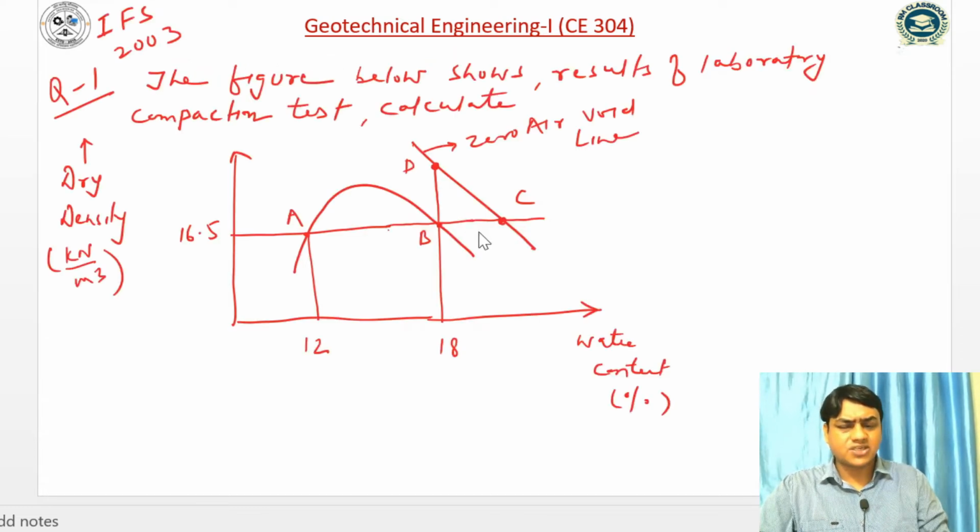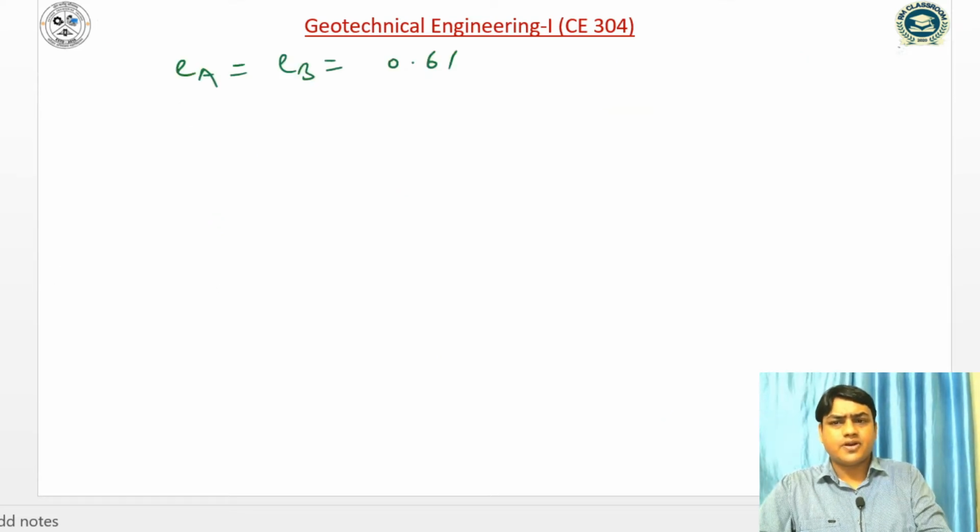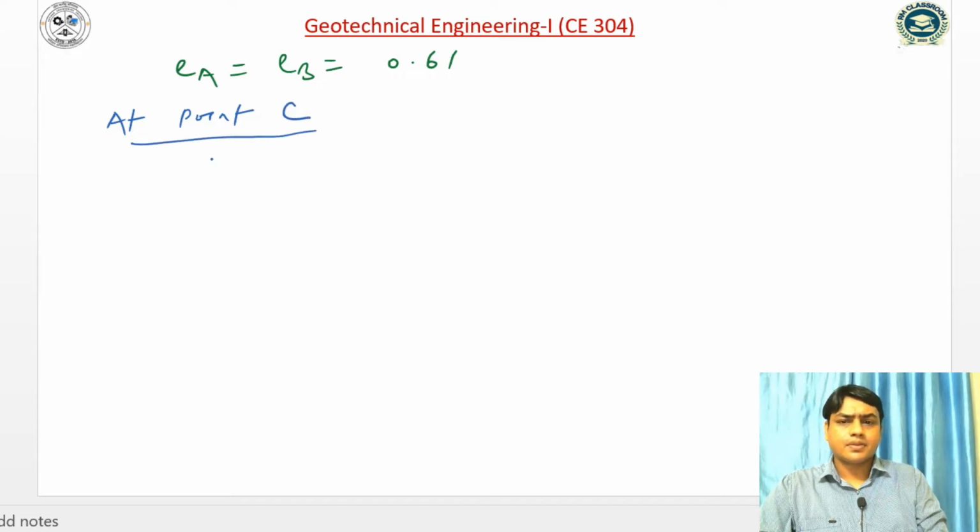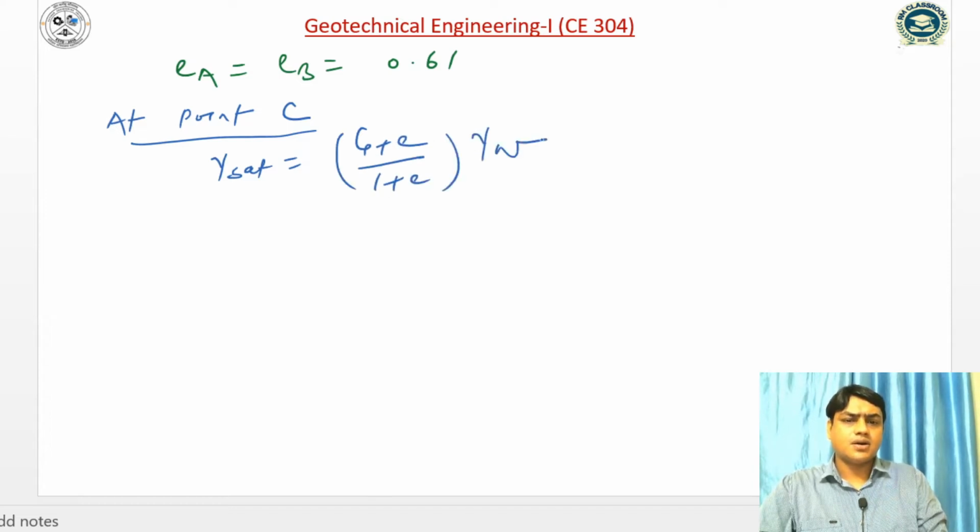Similarly, in the compaction curve, at point C the degree of saturation is 100% and the dry density is 16.5. So at point C, gamma sat is equal to G plus E divided by 1 plus E into gamma W. This is the saturation line, so the density is given as 16.5.